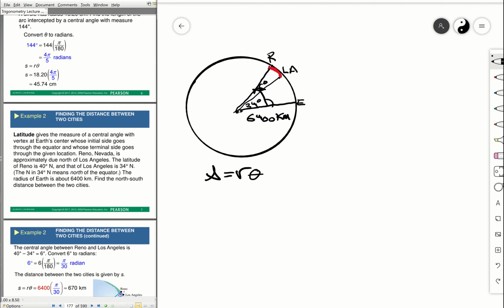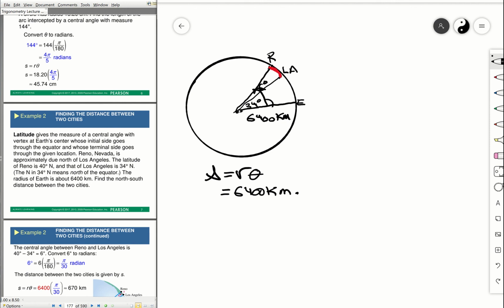All right, and welcome back. So we know the radius of the Earth is given at 6,400 kilometers, and this problem is in the PowerPoint that accompanies this lesson.